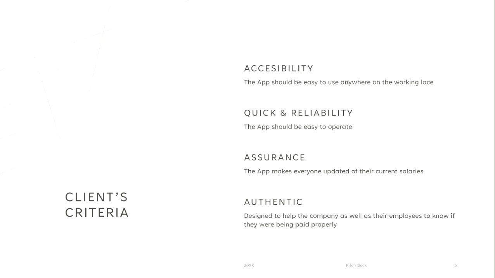The app should be easy to use anywhere on the working place. It is also quick and reliable. The third is assurance. The app makes everyone update of their current salaries. And last, it is authentic. It is designed to help the company as well as their employees to know if they were being paid properly.